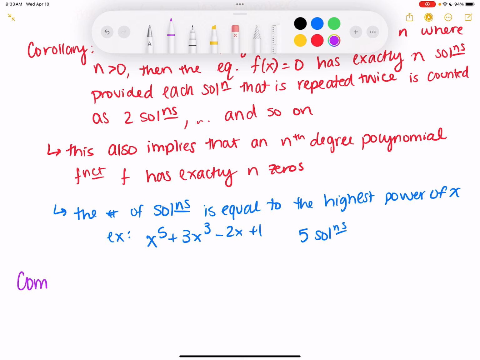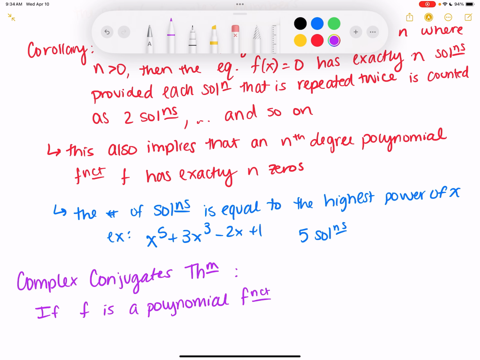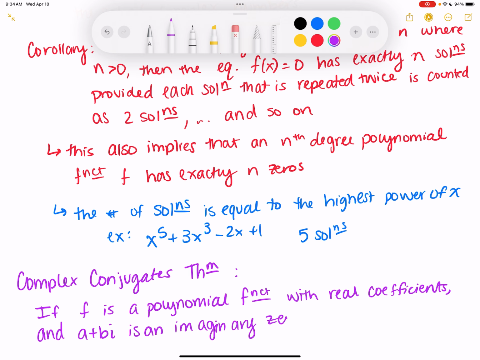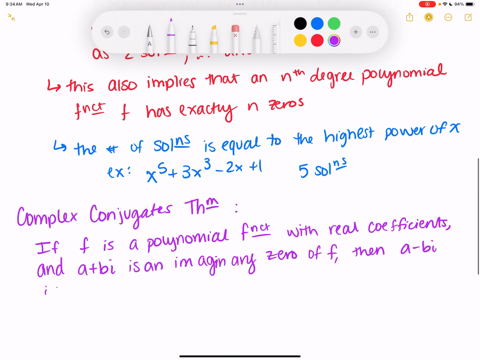Next thing is the complex conjugates theorem. Which says if f is a polynomial function with real coefficients and a plus bi is an imaginary zero of f, then a minus bi is also a zero of f.